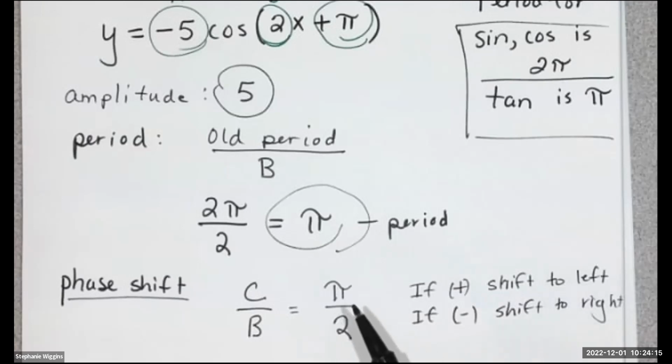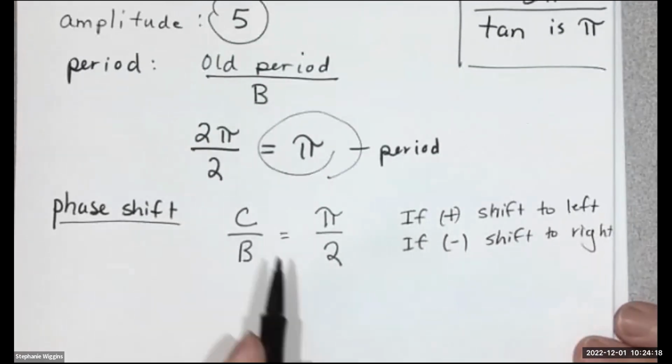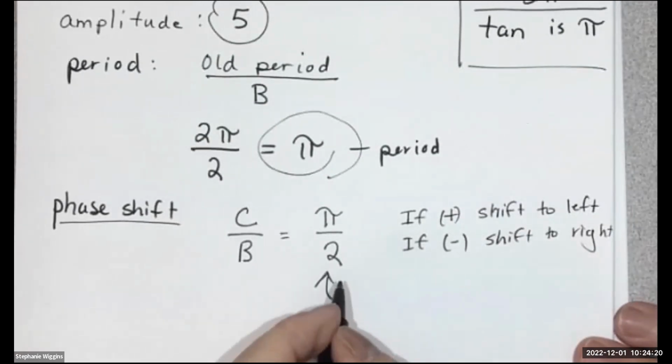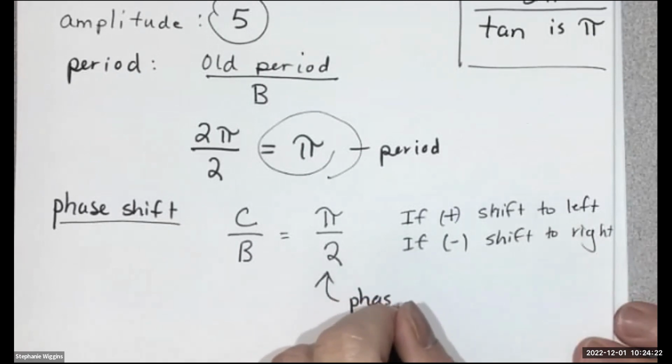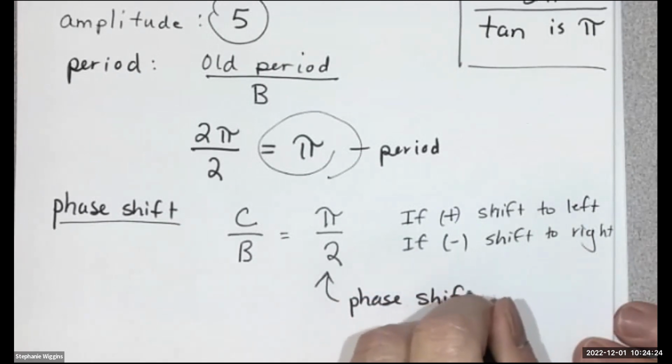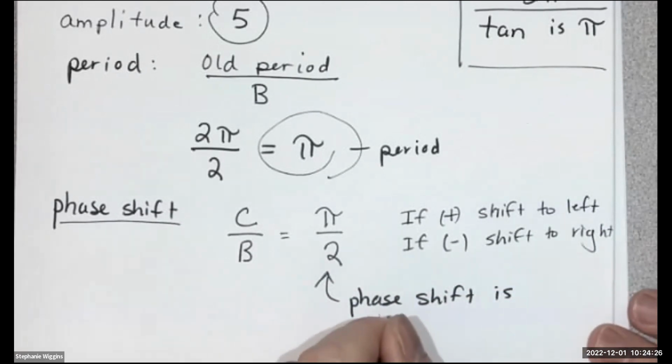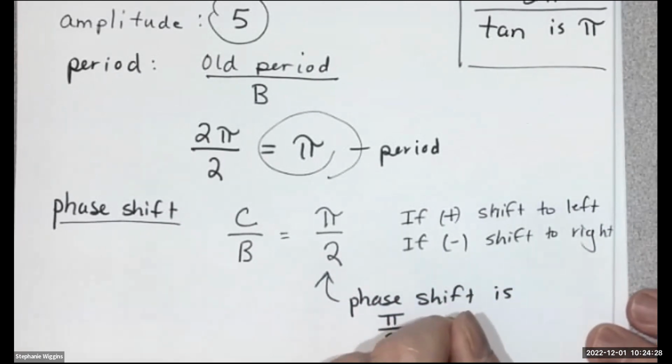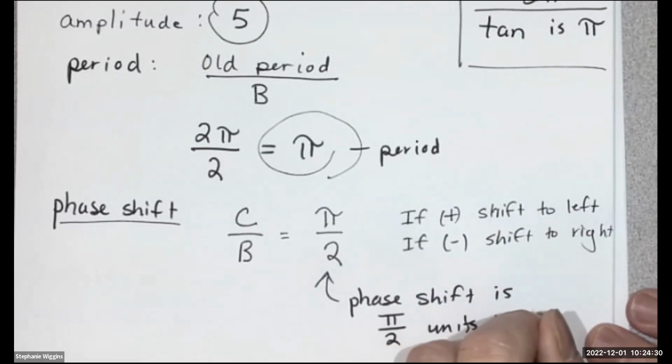Okay, so in this case, the phase shift is pi over 2 units to the left.